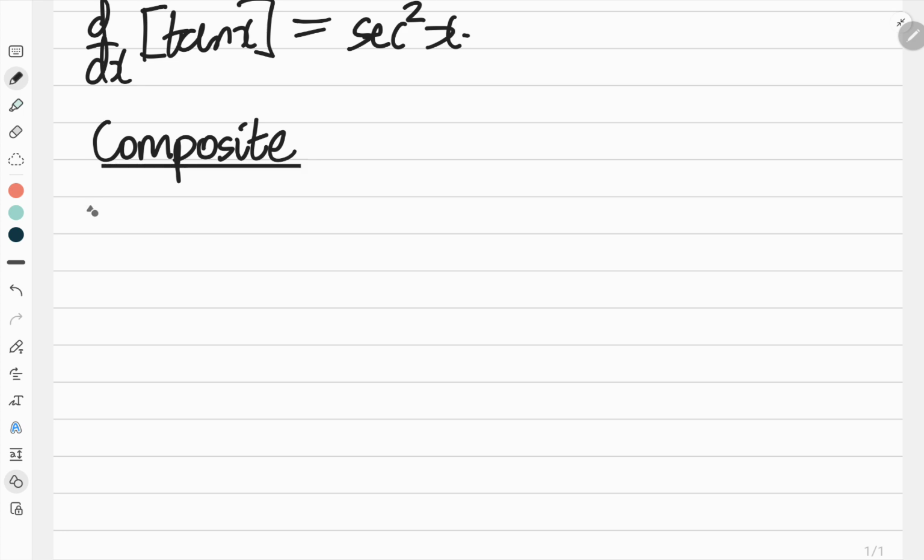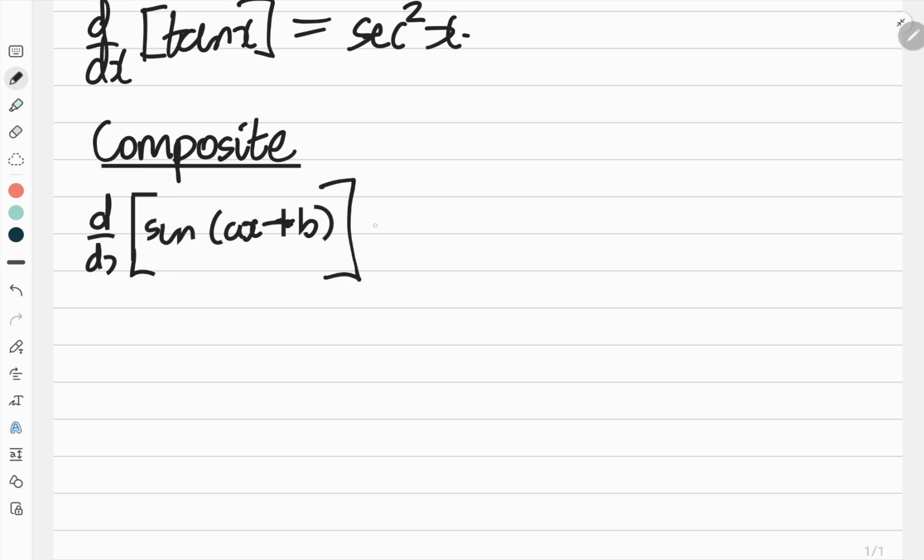So by that exactly we are saying, if we are having the derivative of sine of a composite angle like this one, or a sum angle, which is sine of let's say ax plus b, like this. So how are we going to differentiate this one?